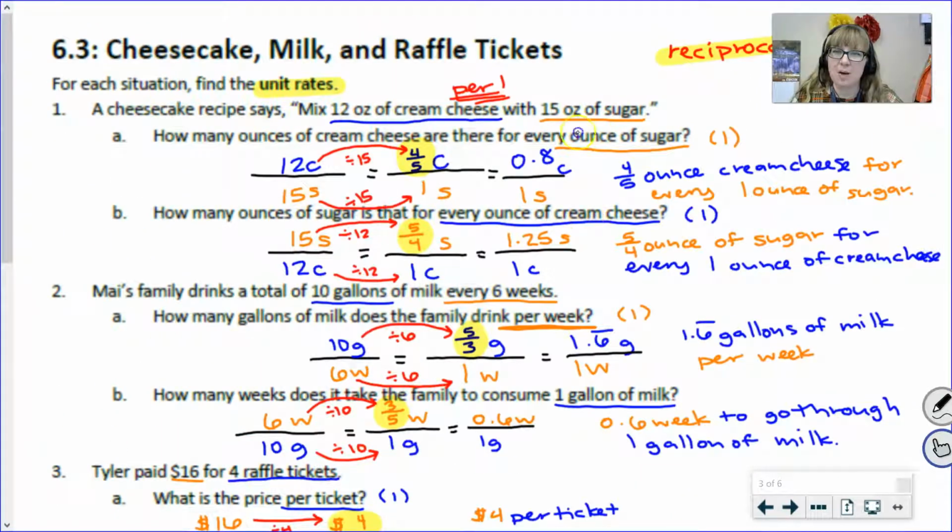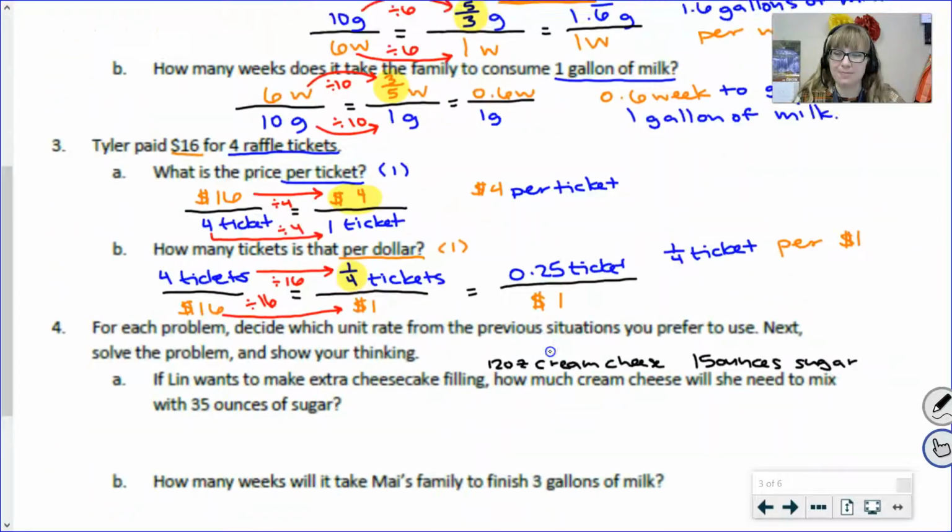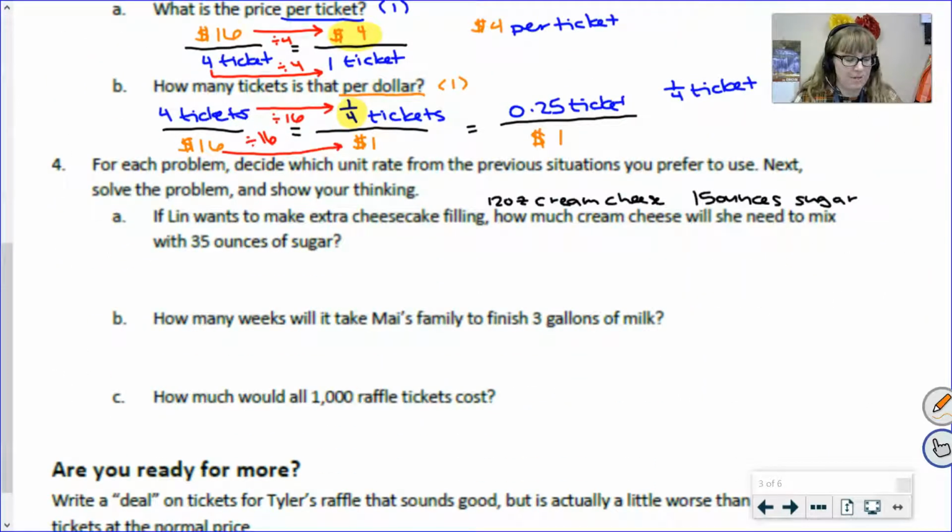Remember up above it was always for every, per, or for 1, and so we're always looking for the 1. This time it is asking a different question. And it says for 35 ounces of sugar. So let's start by writing down that original ratio, which was 12 ounces of cream cheese.